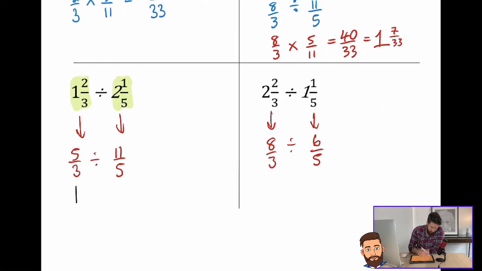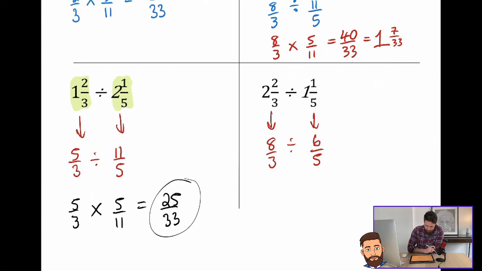So by doing the KCF on this, we're going to keep 5/3, change to a times, and flip, which is 25 over 33. And that's your final answer for that.